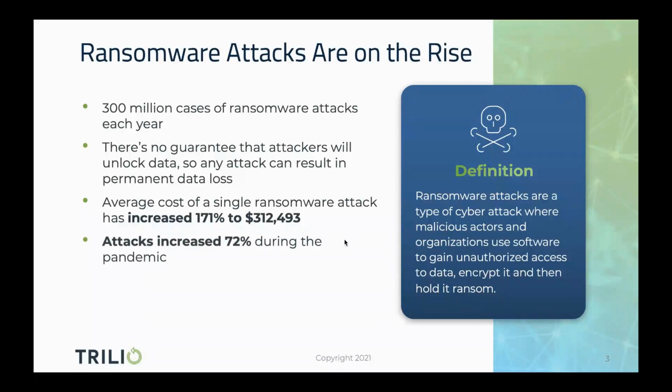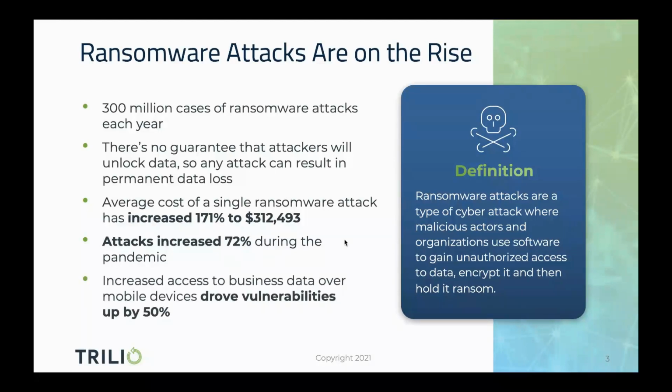We have also seen that during the pandemic, unfortunately, ransomware attacks have increased by 72%. A lot of this is largely due to the increased business data over mobile devices. Everyone working from home, using their personal laptops, different laptops that are not in the office system, or using their mobile phones, just results in more vulnerabilities and has caused those vulnerabilities to be up by 50%.